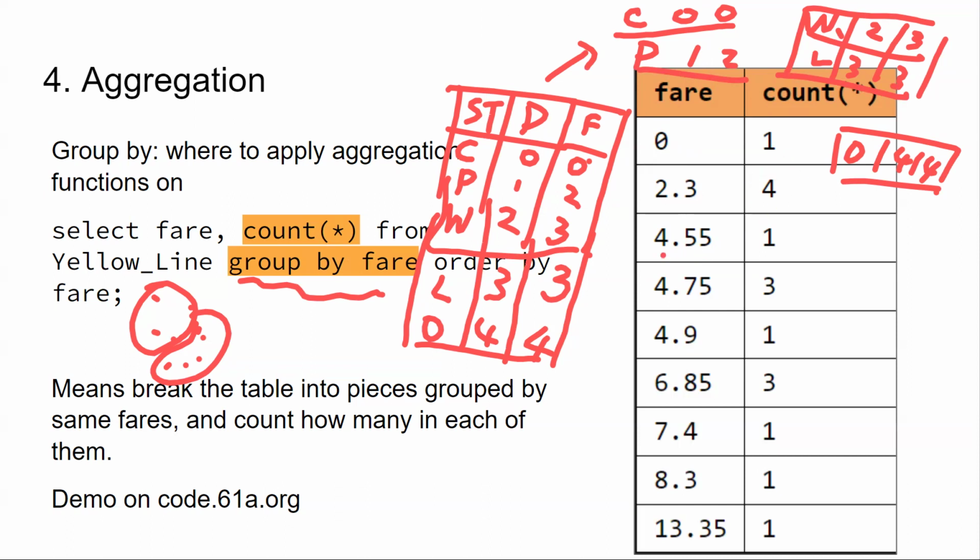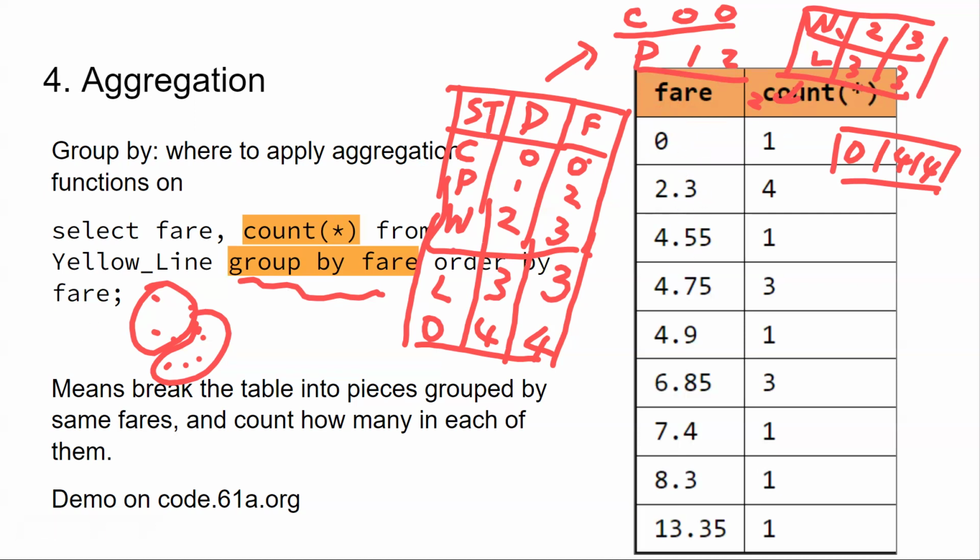And I put 4 here. So 4.55, 175, 3. So I'm counting, from a small table, how many members are inside. Once I get how many members, say this 2, it will be paired with the corresponding fare.